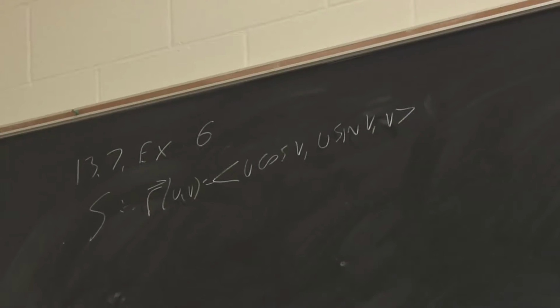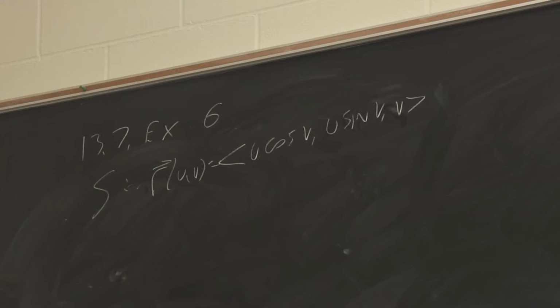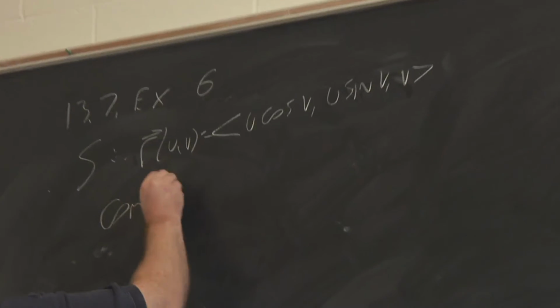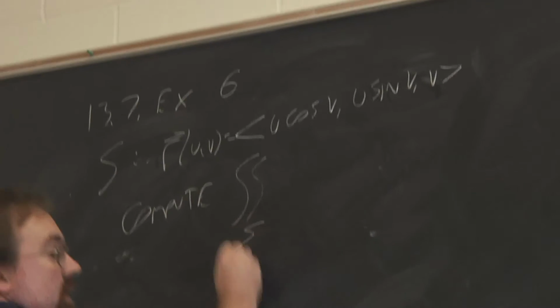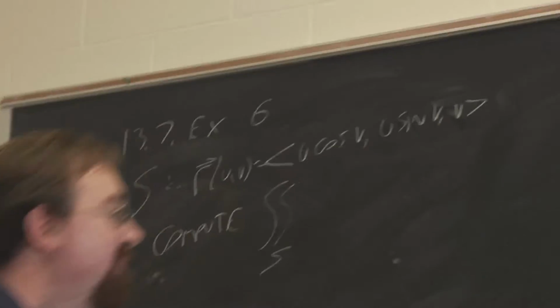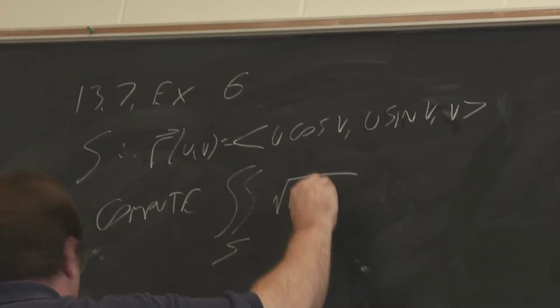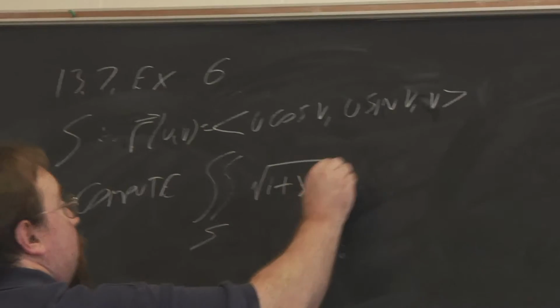Now, the function we want to integrate, really this should be a double integral since we're taking a two-dimensional object. So the integral over the surface of this function, square root of 1 plus x squared plus y squared.